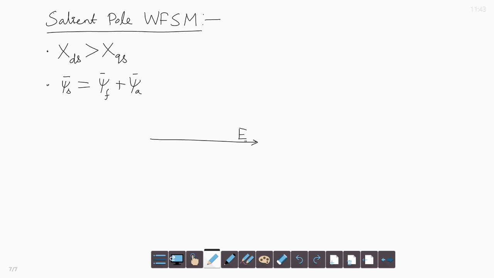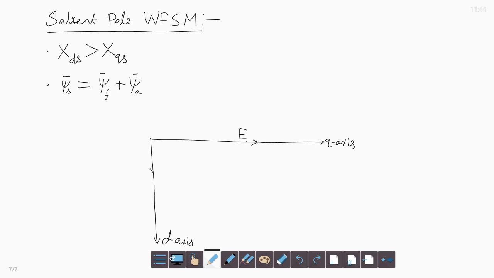the induced EMF or excitation EMF E, and the induced EMF will always be at right angle to the flux axis. So, induced EMF is along the q axis, and this is the d axis, the direct axis, and the field flux will be along this axis.